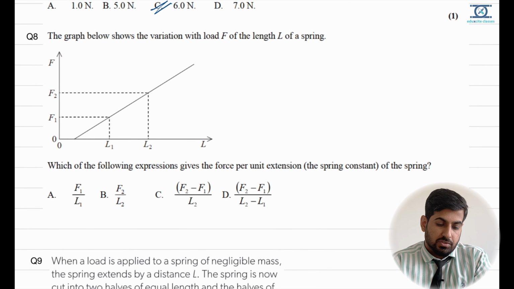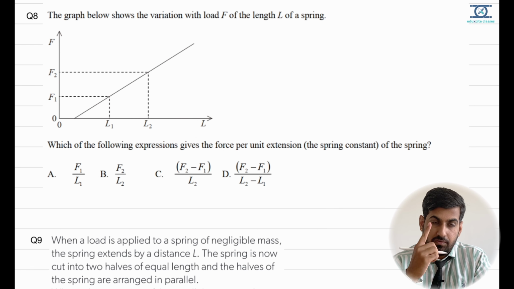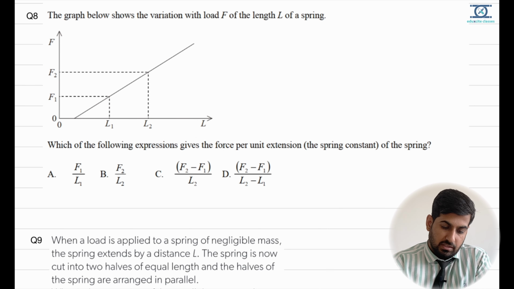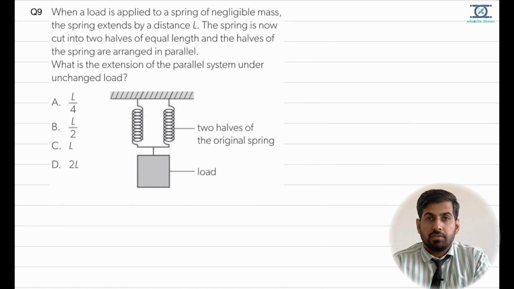Okay, now question number 8, we know that if the graph of force versus extension length of a spring is given to you, then the gradient denotes nothing but the spring constant. Now the spring constant for this will be F2 minus F1 upon L2 minus L1. So option D is the right answer. Correct? Simple. Now this is a very good question. Just pause the video and solve.